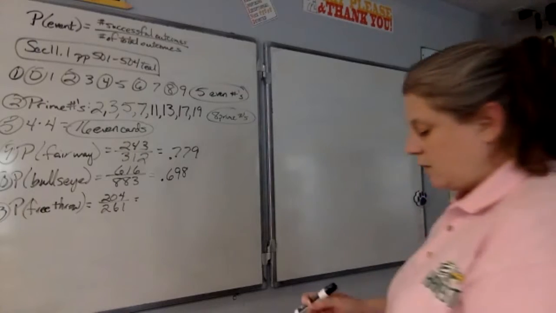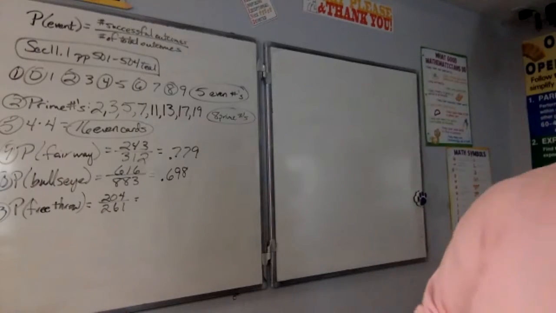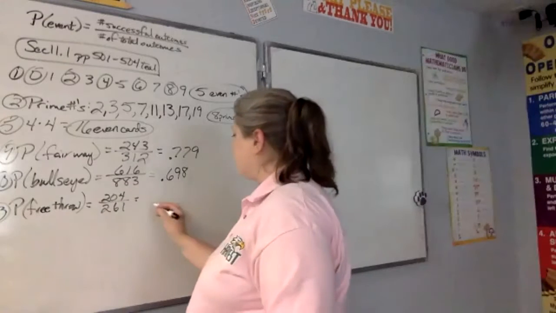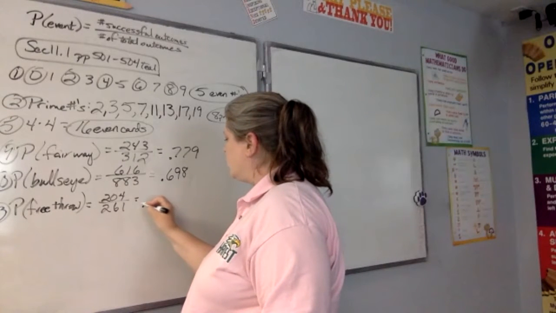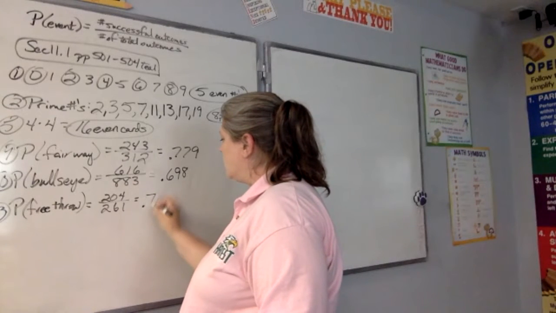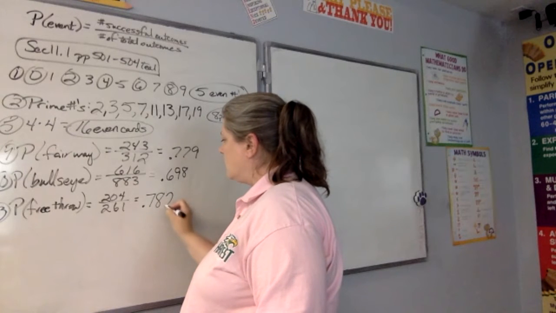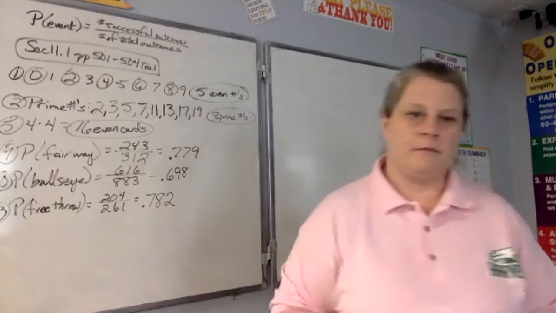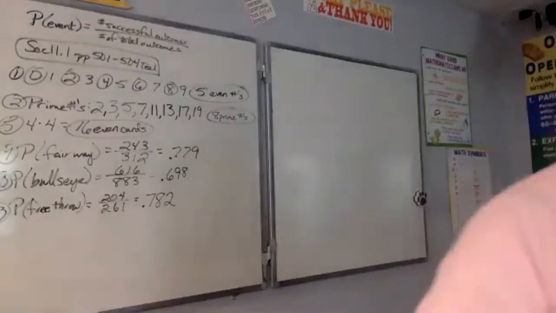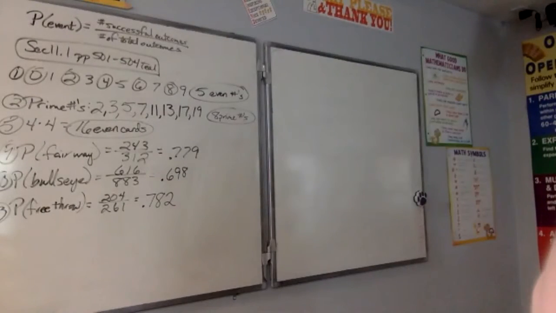Round to 3 decimal places. It's 0.782. So is probability pretty easy?